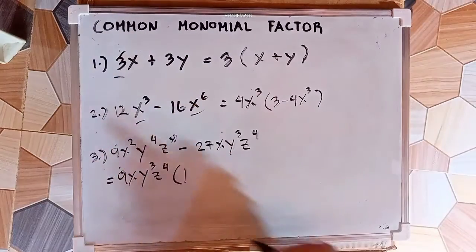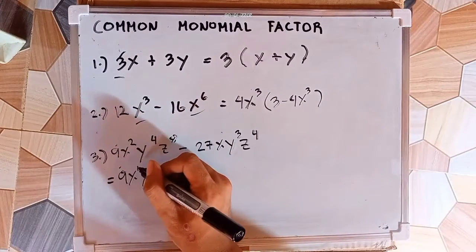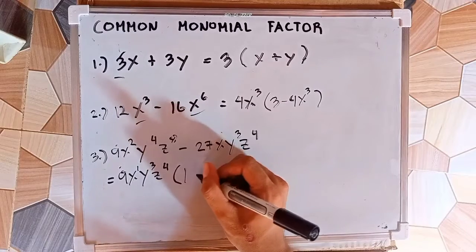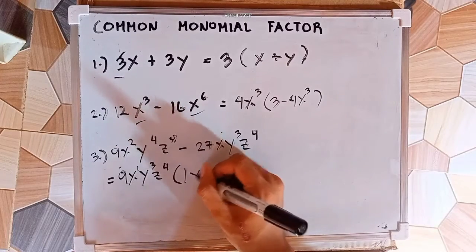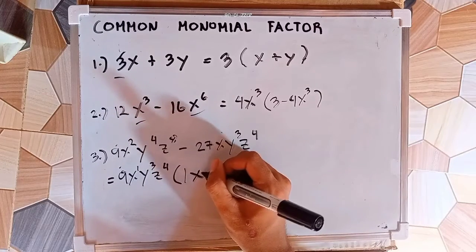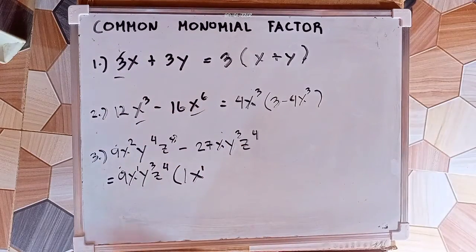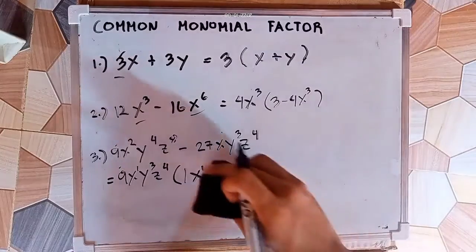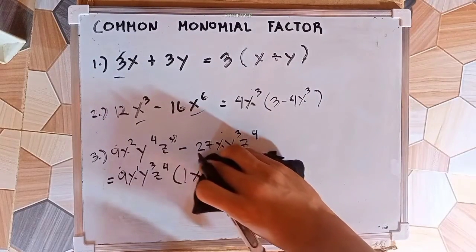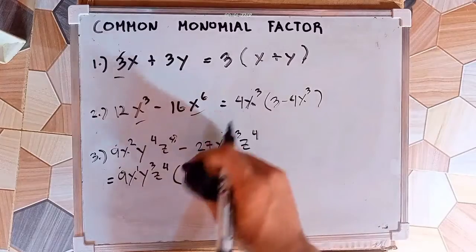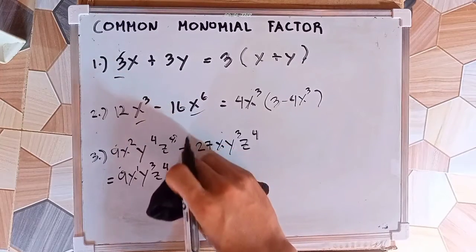In here, 3 minus 2, that is x to the power of 1. Remember, guys, if 1 is our exponent, it is not necessary to write the number 1.